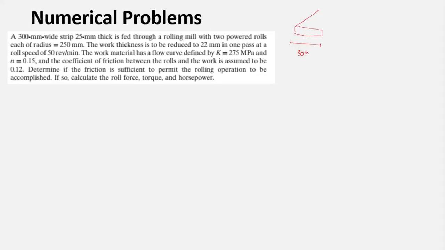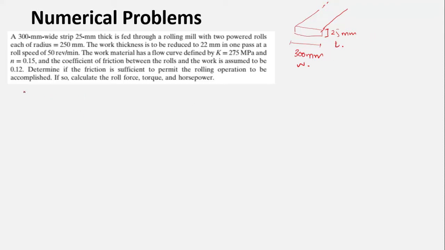So we have the initial width, and we have the initial thickness here. In a single pass, its thickness is reduced to 22 millimeter, right?